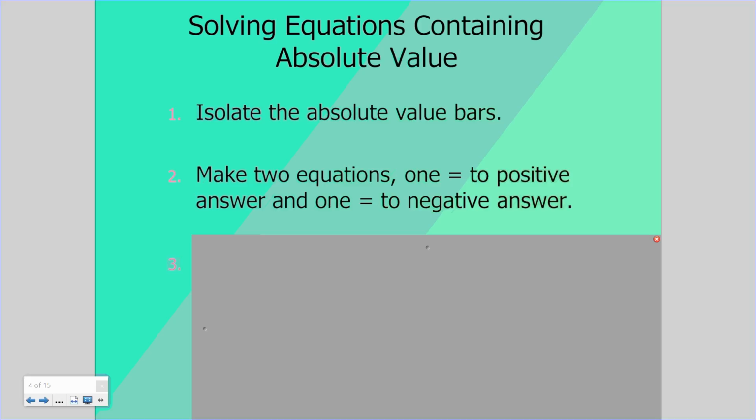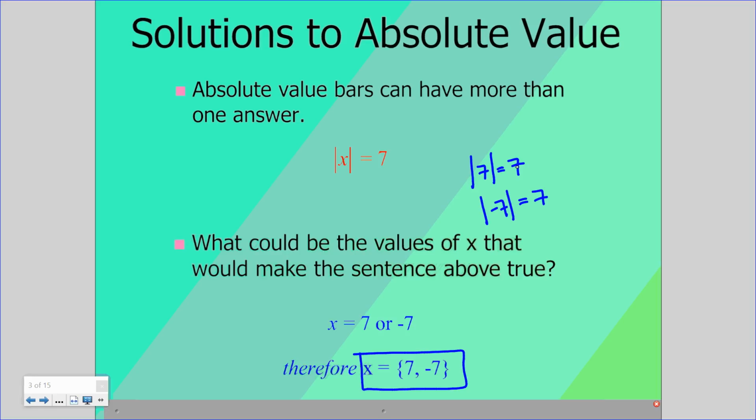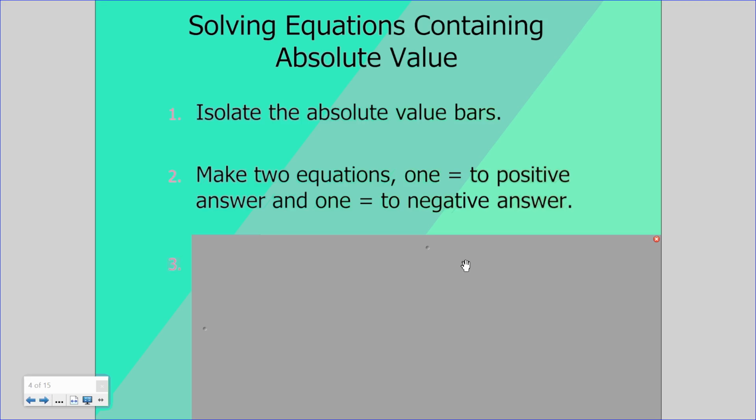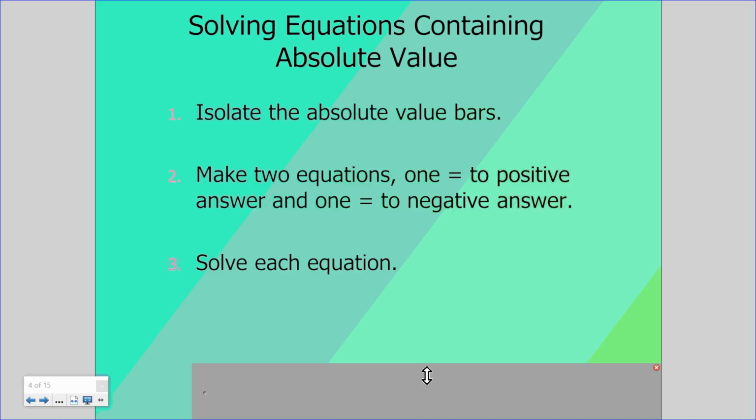We do this because there are going to be a positive and a negative solution that would make this absolute value true. Then we'll solve each equation. And once you do this step, your absolute value bars go away. I'll show you what that looks like. Then you don't need them anymore.